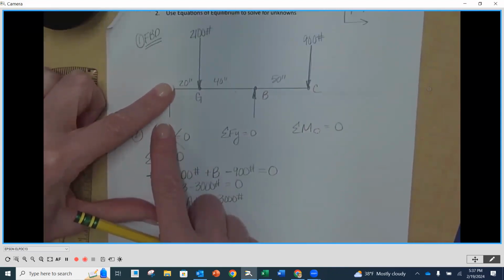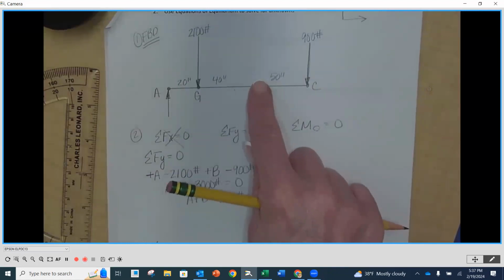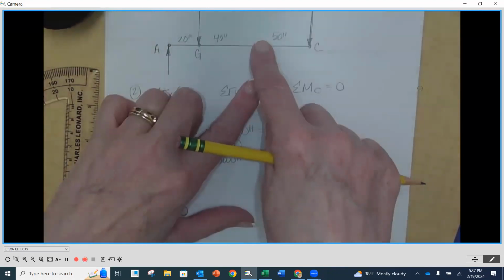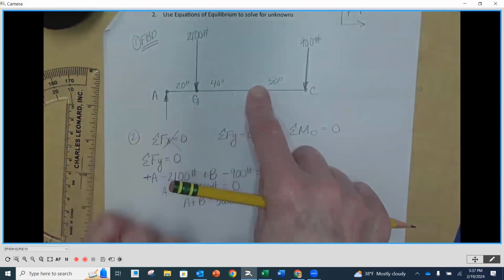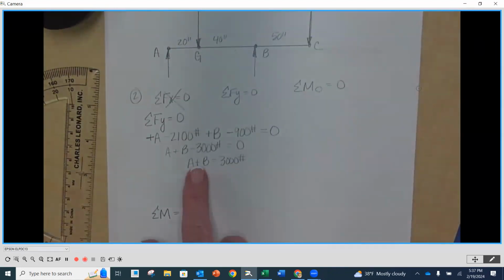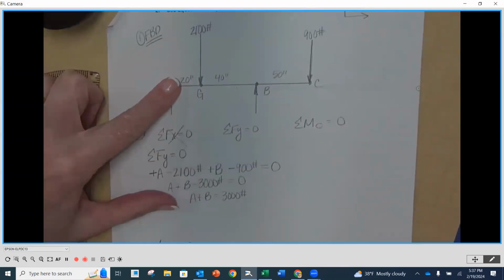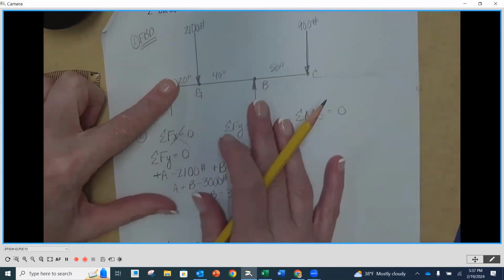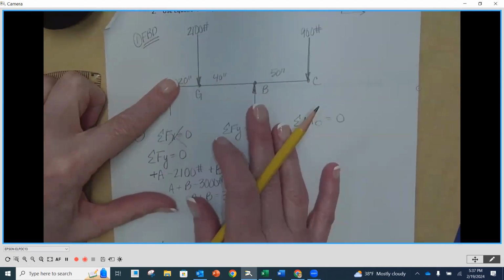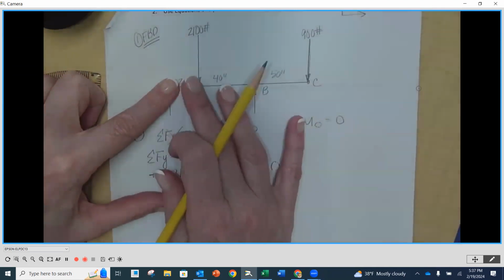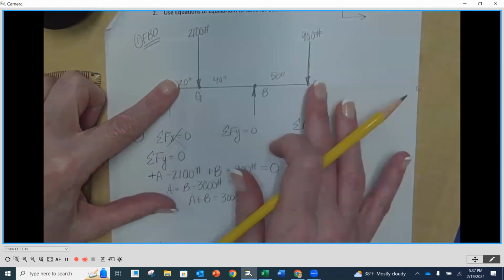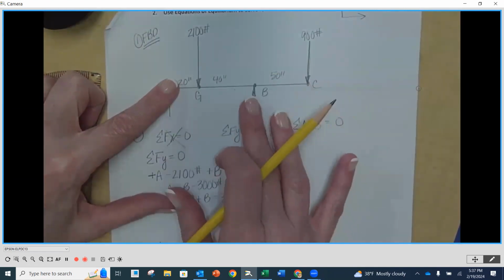No. If I put my finger on B, does B cause rotation? No. So as you can see, I want to strategically place it on one of my unknown variables because it takes it out. And that way, when I put my finger on A, where's my unknown? It's only at B, right? Because this one's known and its distance, and this one's known and its distance. B's distance is known, but not its magnitude.